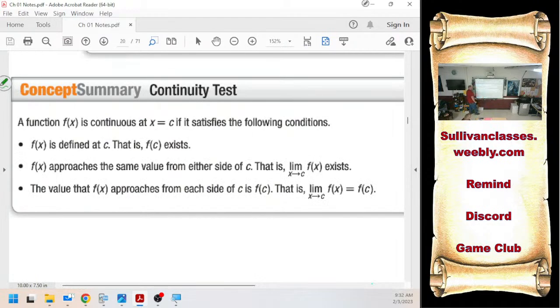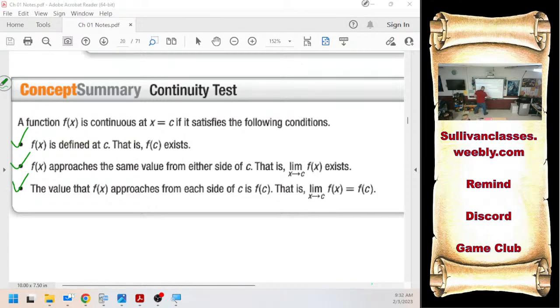Rule number 1: I got to plug in a number and it works. It doesn't break math law. It actually exists. Rule 2: the limit has to exist at that point. And rule 3: those 2 things I just found, they better be the same.